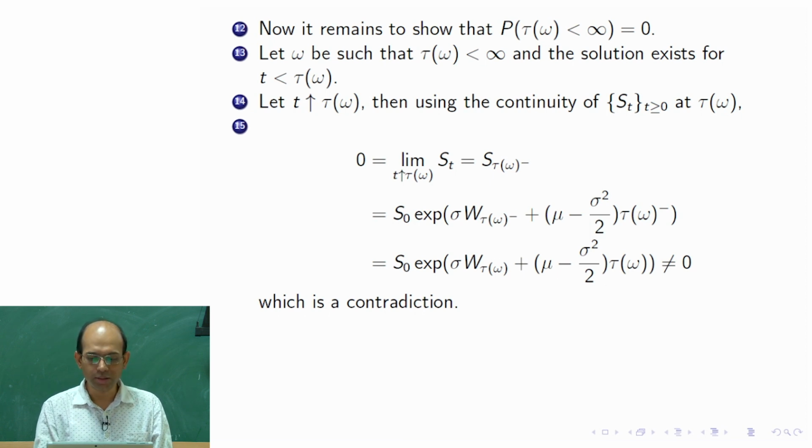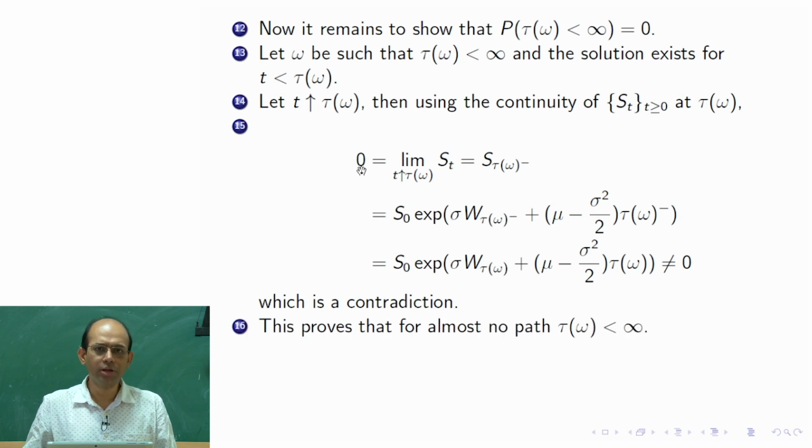That cannot be 0. So we get a contradiction. What does it imply? We have arrived at this contradiction by assuming that tau(omega) is finite.